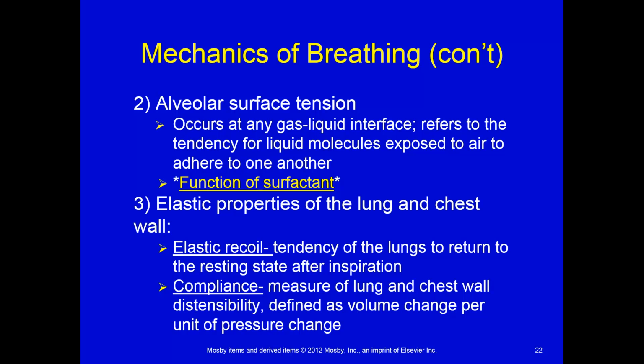So surfactant acts as a detergent that lowers the surface tension by coating that air-liquid interface of the alveoli. It decreases the surface tension and allows for better re-expansion of each of those alveolar sacs.